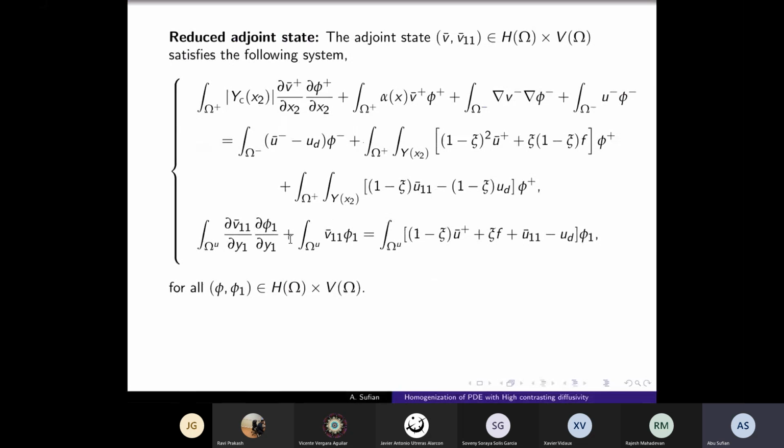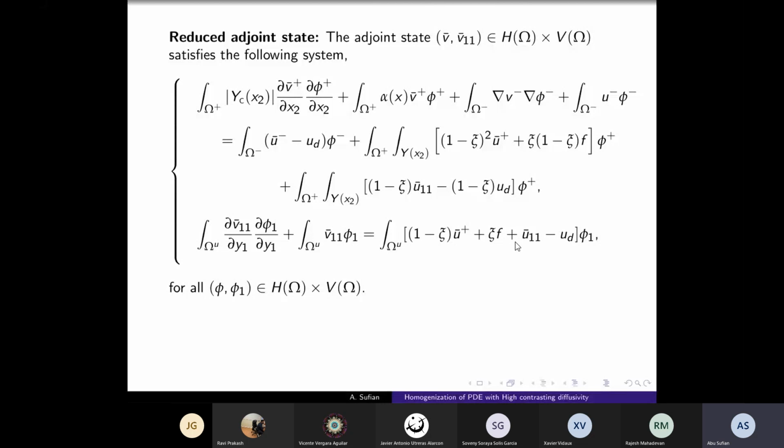And the micro adjoint state is given by: integral over omega u of del v bar del v11 v bar into del y1 plus del phi1 del y1, plus integral over omega u v11 bar into phi, plus (1 minus xi) u bar plus xi f plus u11 bar minus ud into phi1, for all phi, phi1 belonging to H omega times V omega.